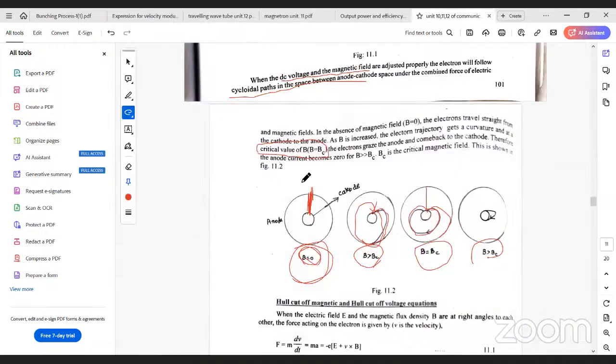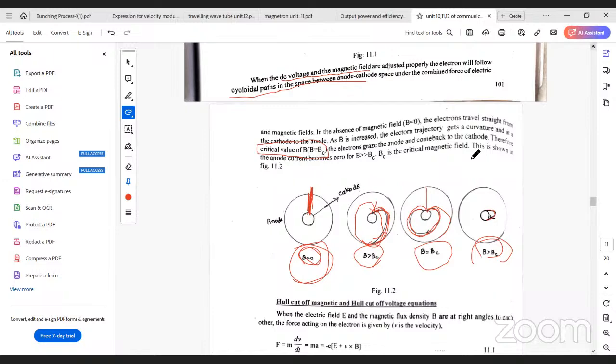Without applying, it moves in a straight line. Suppose a small magnetic field is applied, the movement starts. If both are equal, it goes into a circular path. If it is greater, it travels a shorter distance and reaches the cathode region again.